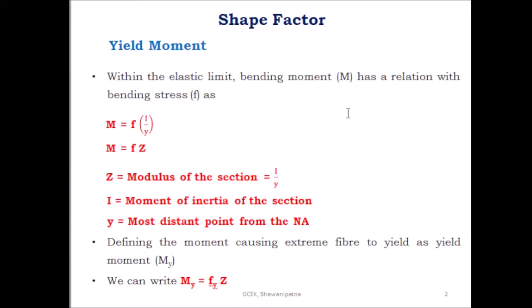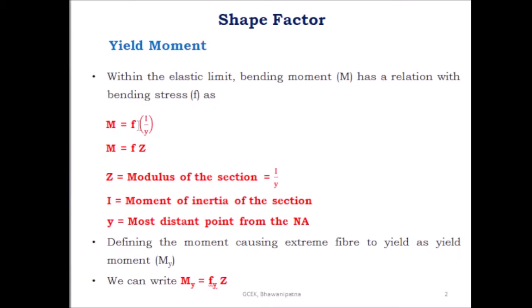As we know, in the theory of pure bending, we know the relationship between the bending moment and the bending stress. The relation is M by I is equal to f by y is equal to E by R, where M is the bending moment, f is the bending stress, I is the moment of inertia, y is the most distant point from the neutral axis, E is the modulus of elasticity, and R is the radius of curvature.